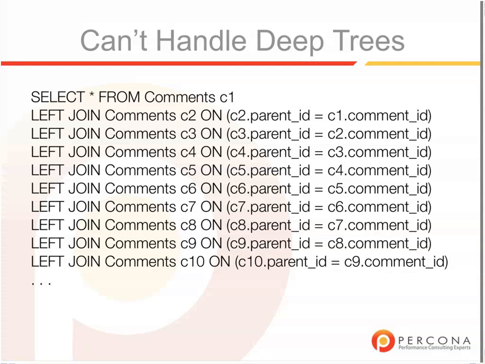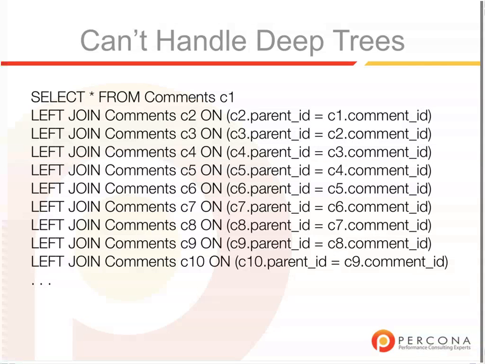In SQL 99, syntax was introduced to handle recursive common table expressions that account for this. And this is a solution that works well with the adjacency list database design. Other databases support this, but MySQL and a few others don't support this yet.